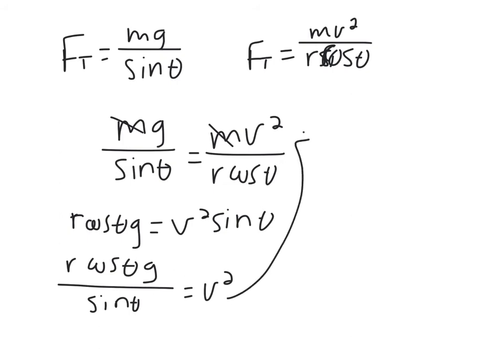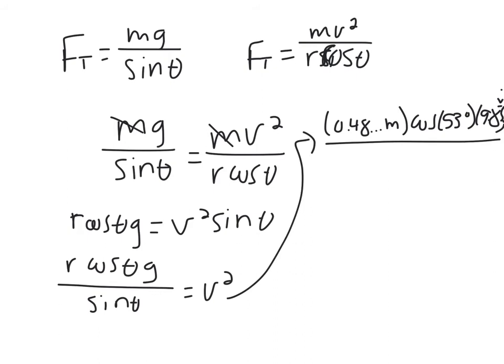So coming up here, radius, you should have stored that number in your calculator. 0.48, keeps on going, meters. Cosine of 53 degrees, times 9.8 meters per second squared, over sine of 53 degrees equals v squared.